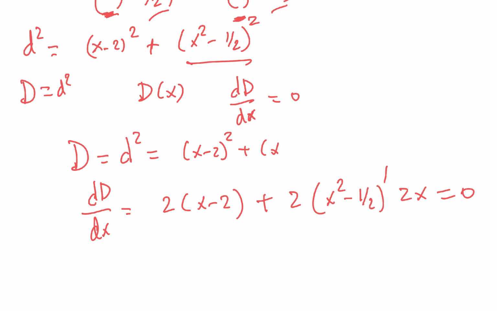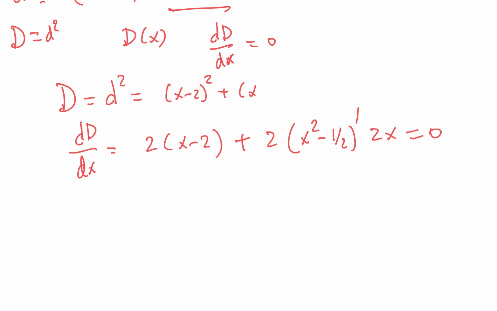So I have this expression: 2x minus 4 plus 4x cubed minus 2x equals 0.